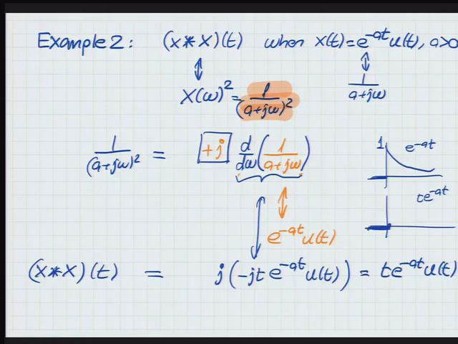But then, two things happen. There are two terms there that have conflicting objectives. T wants to blow up. E to the negative at wants to drop to 0 as quickly as possible, right? So it's a conflict between those two terms, right? Who wins, do you think?